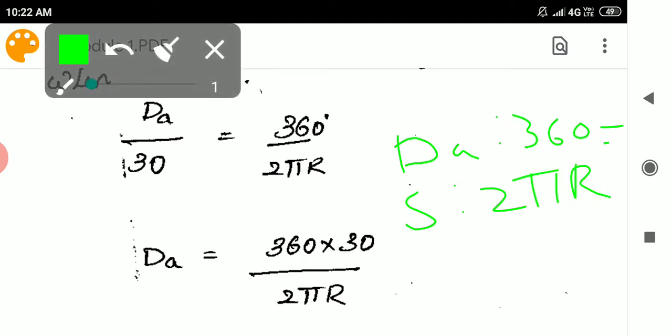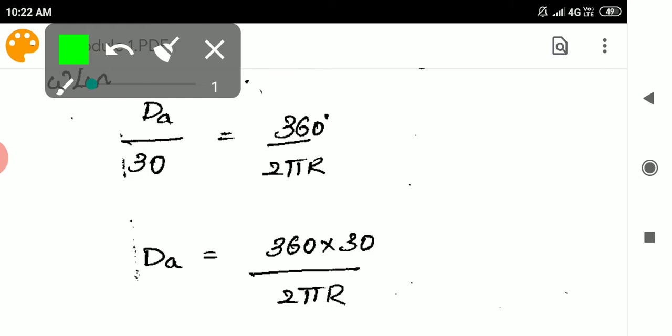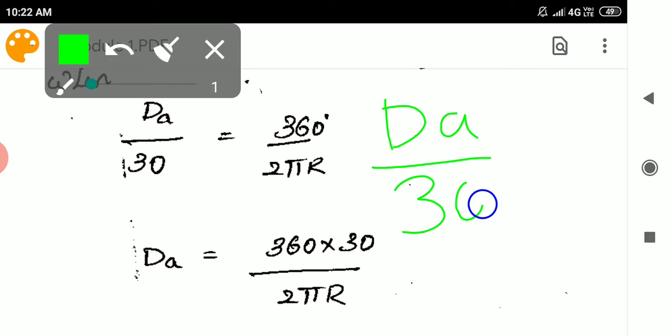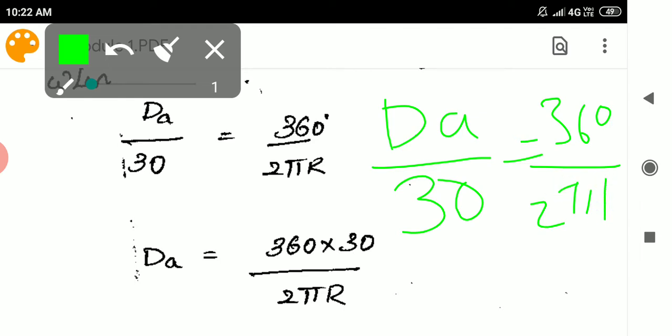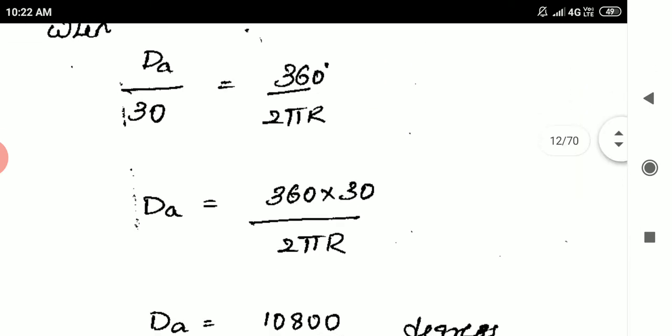So how will we rearrange these terms? dA by S, I will take here 30 meter, or if you want you can take 20 meter also, equal to 360 by 2 pi r. I only arranged the terms.